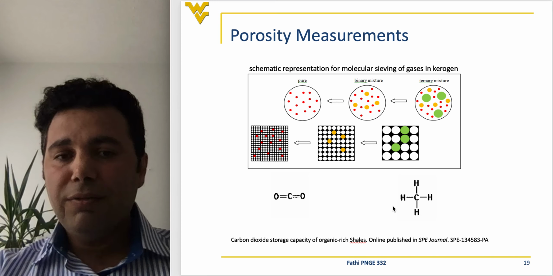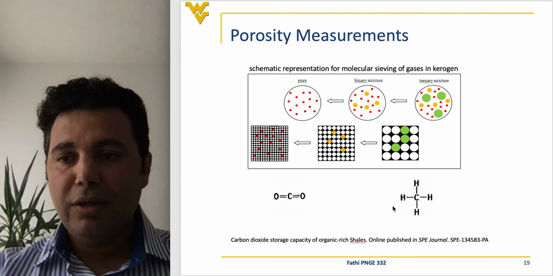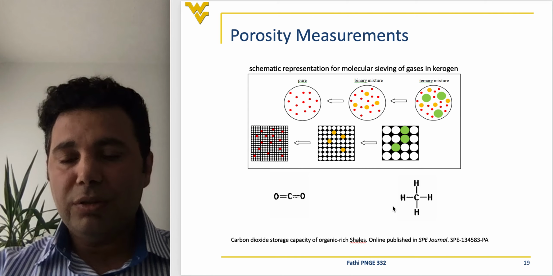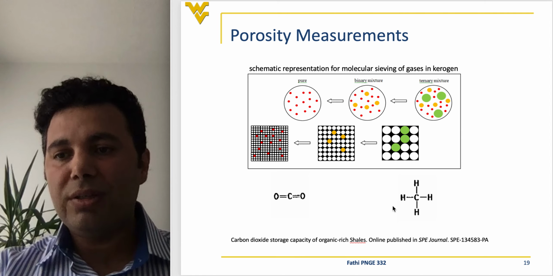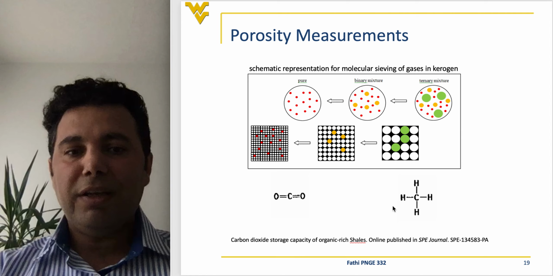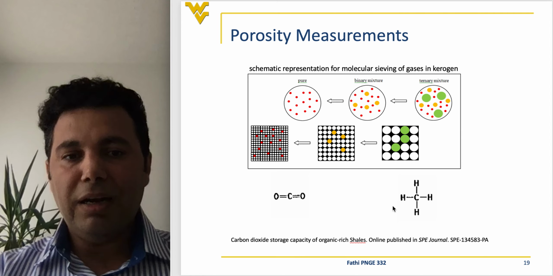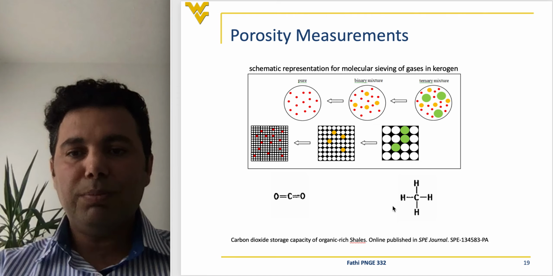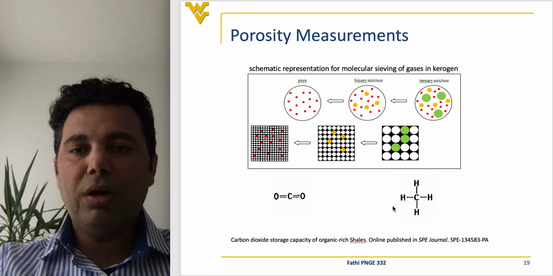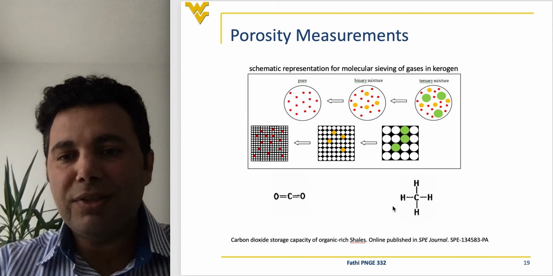So if you have a pore which is like 1 nanometer, or 5 nanometer, which Marcellus Shale has as its average pore diameter, and you have, let's say, 0.44 nanometer methane, then you can only put 10 of these molecules in one cross section of the pore. So 10 molecules will fill the cross section.